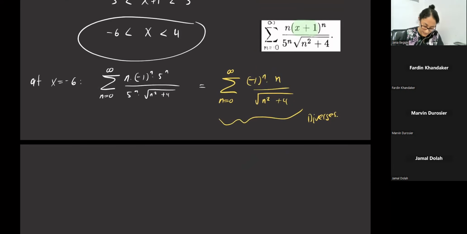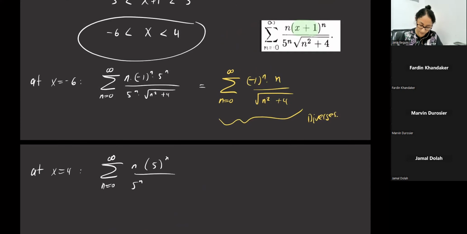Now, what about at x equals 4 at this endpoint? We have the sum from 0 to infinity of n times, now plug in 4, you'll have 5 to the n over 5 to the n times the square root of n squared plus 4. Again, 5 to the n will cancel, right?